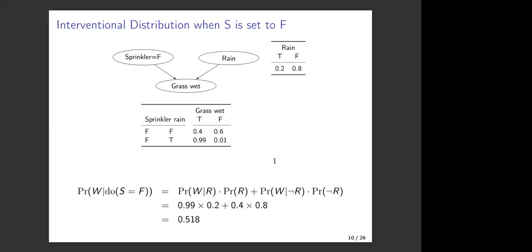Because that is nothing but probability of grass wet conditioned on rain times probability of rain, etc. I'm looking at that truncated table, where the sprinkler only has value f. And you can do this calculation and you'll get 0.518.